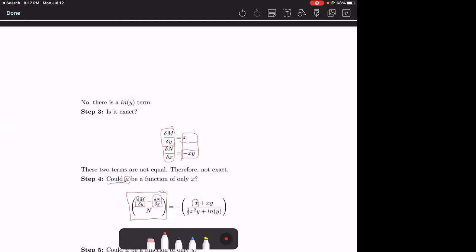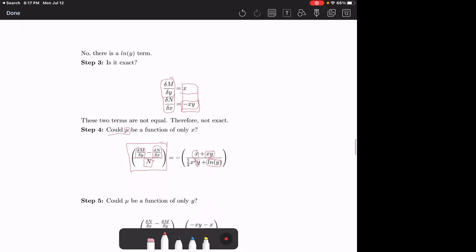So that's this function here. And we divide by n. Again, without much effort, we can see that there are y terms in there, and no amount of simplification is going to get rid of these y terms. That ln y in the denominator is not going anywhere. They're not going to cancel out. So we failed on step 4. Mu is not a function of only x.